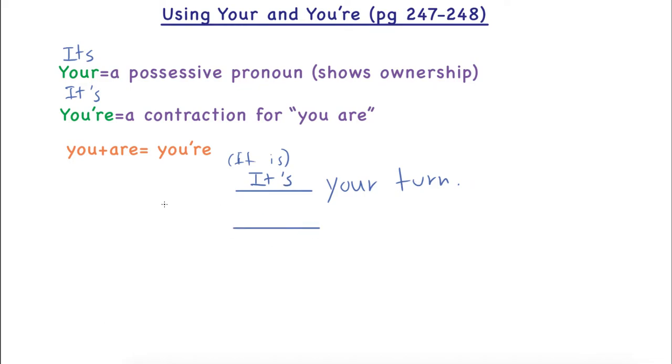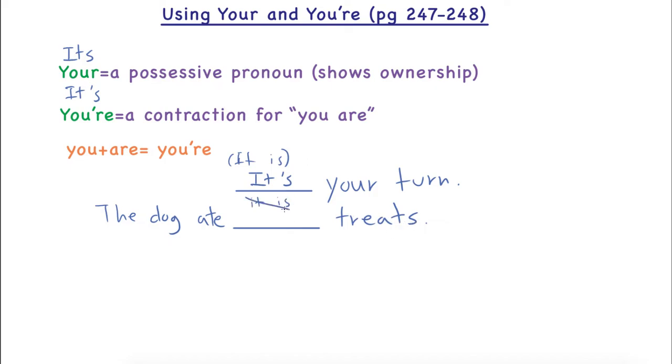Another example, if the sentence was "the dog ate blank treats." I'm trying to figure out if I'm supposed to use the one with the apostrophe or without. So "the dog ate it is treats." Does that make sense?